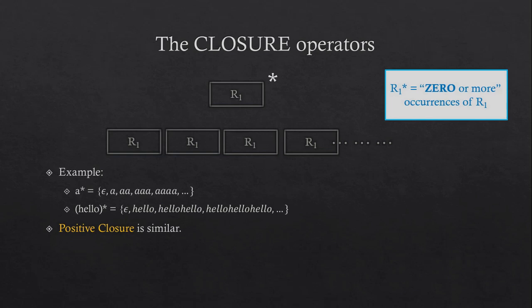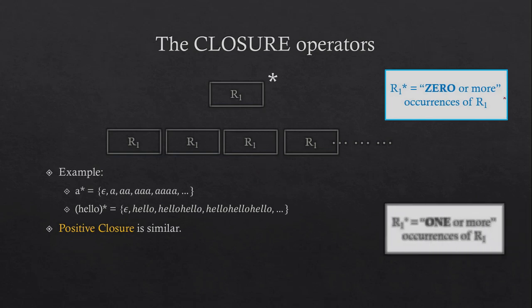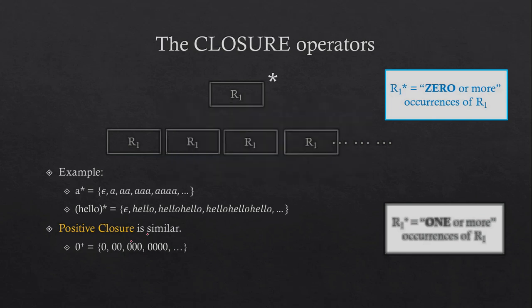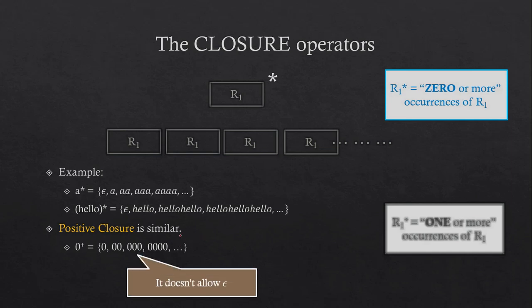Positive closure is basically the same thing. It is denoted with a plus, and instead of taking 0 or more occurrences, I will take 1 or more. We have already seen this concept in our last lecture, so this will go something like this. 0 plus will have one 0 or two 0s or three zeros or four zeros, and so on. The only difference is we don't have epsilon here. No epsilon, because I will have to take at least one occurrence of whatever it is that it's sitting on.